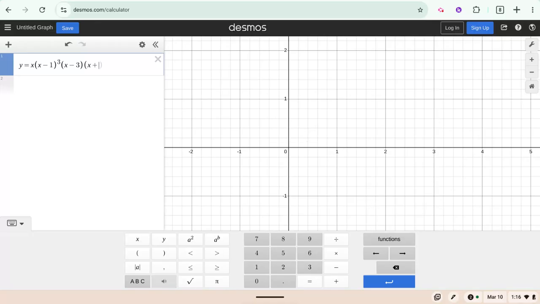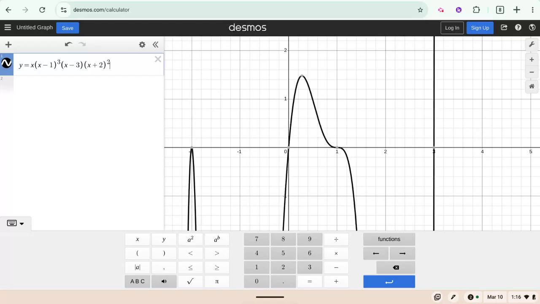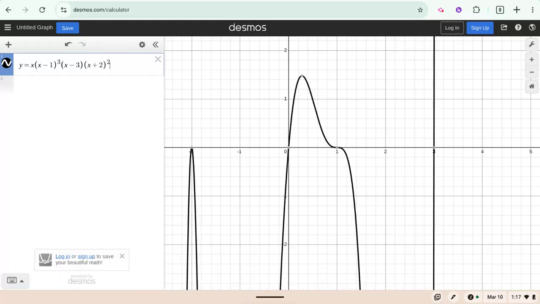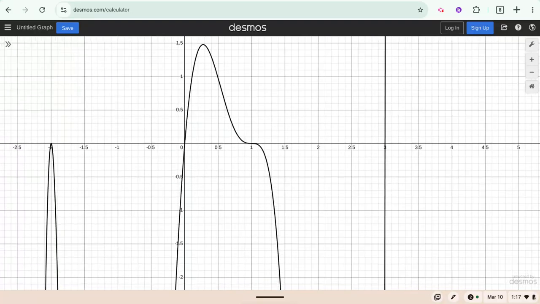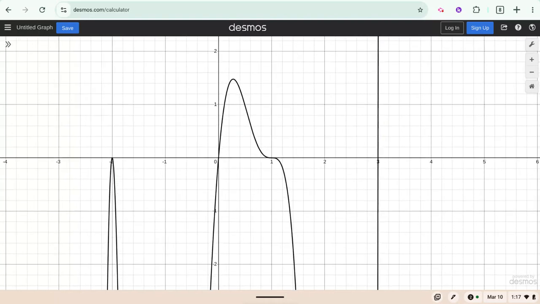And then x plus 2 to the power of 2. All right, so much better, much better. Okay, we can see it bounces off at -2, it crosses at 0, it inflects at 1, and crosses at 3. Yes, thank you, Desmos. Beautifully done.